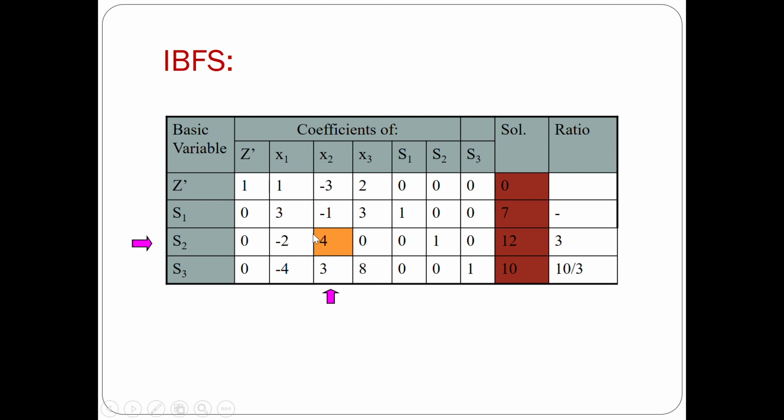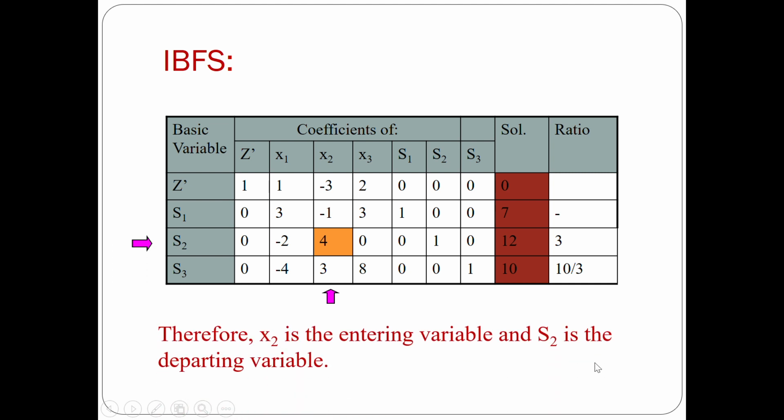This is called the key element, and here S2 will be the leaving variable. Alright. So S2 should be replaced with X2 in the next iteration table, and we have to make the key element as 1 and all other key column elements as 0 by performing row operations.